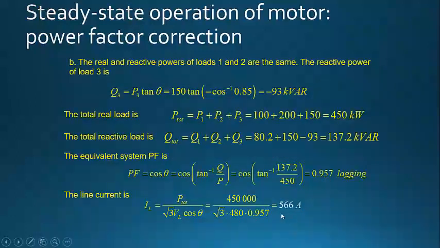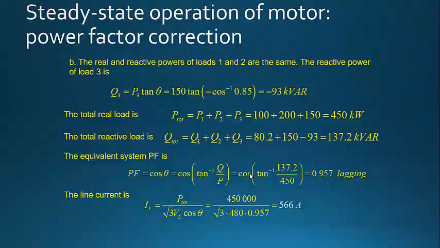We have a lesser line current, and you know the effect of line current on the power system. Higher line current means higher losses, the I square R losses, and lower line current means lower losses. So if you allow the machine to operate at an improved power factor, you have fewer losses. But with a reduced or poor power factor, you have higher losses.